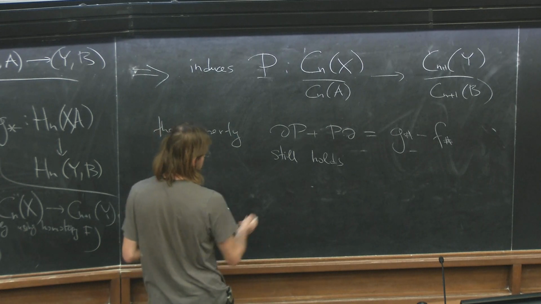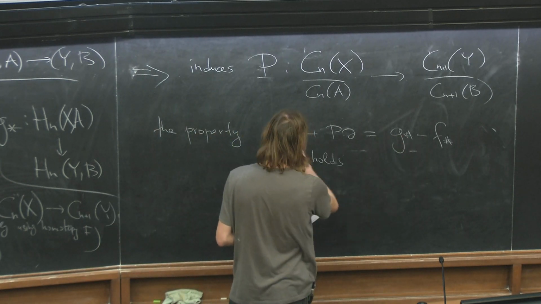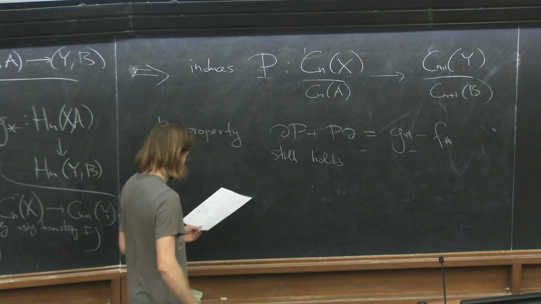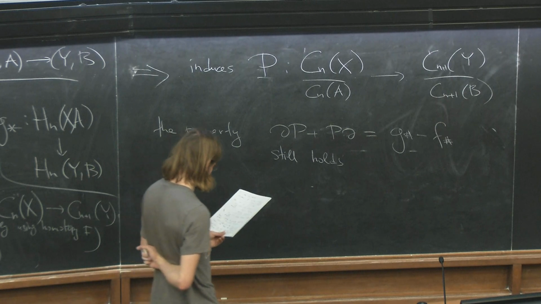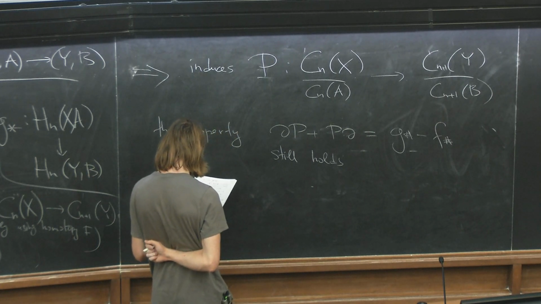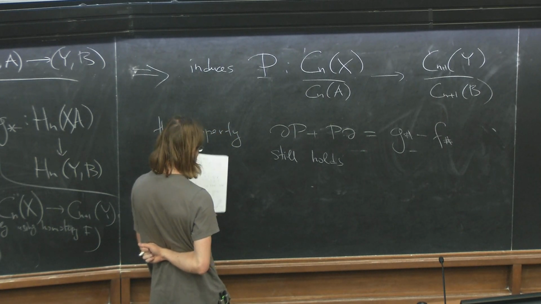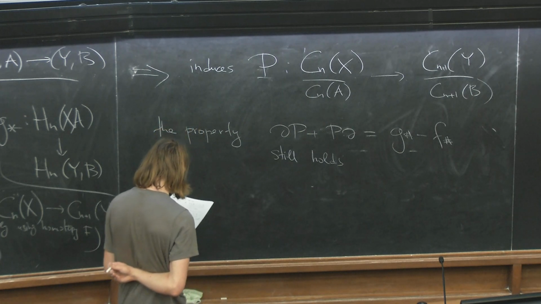For G sharp, F sharp and D, we already showed that they give well-defined homomorphisms on these quotients, and therefore this will automatically hold.